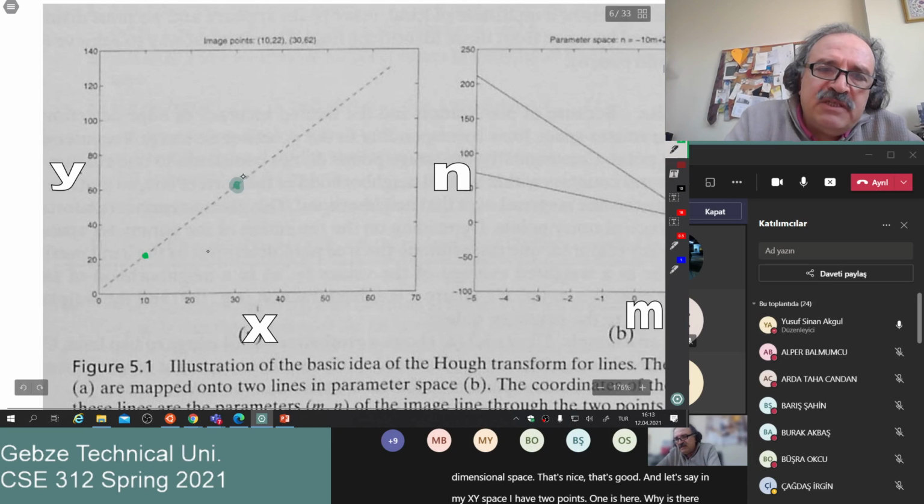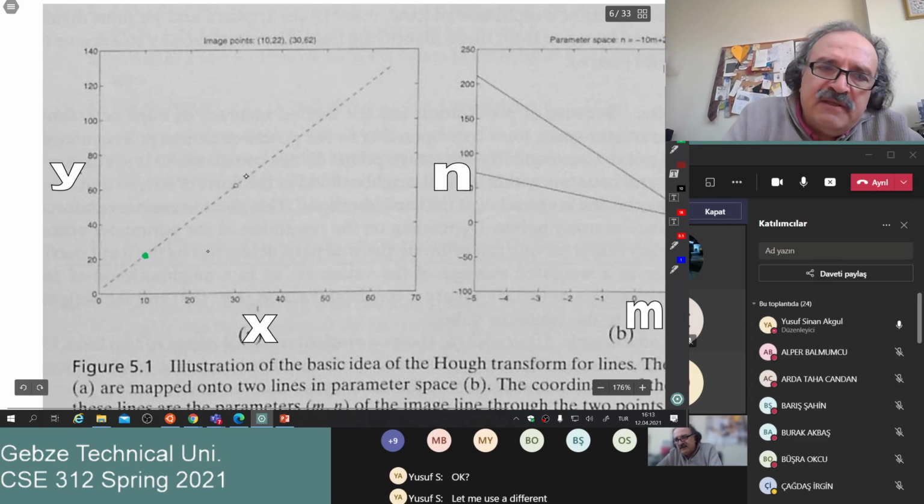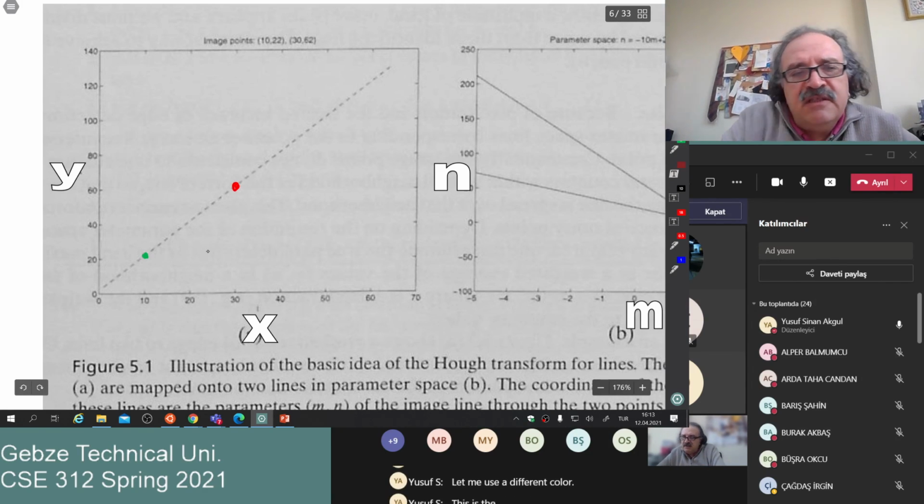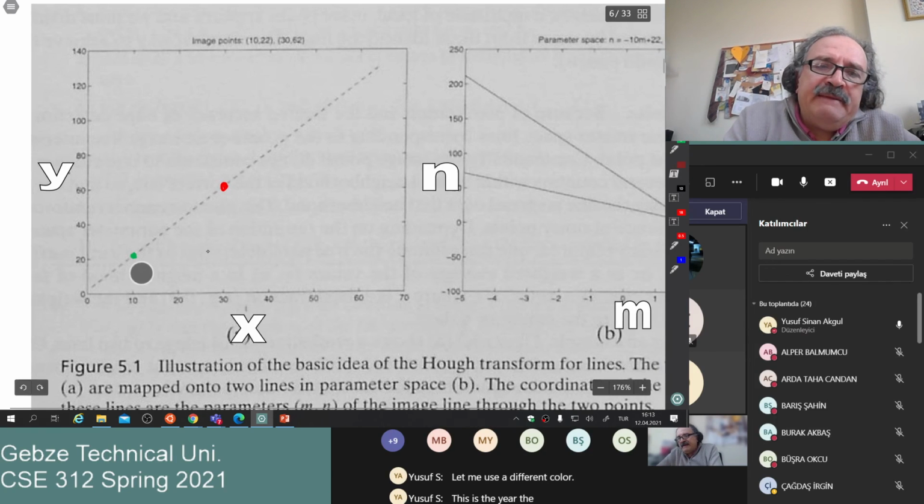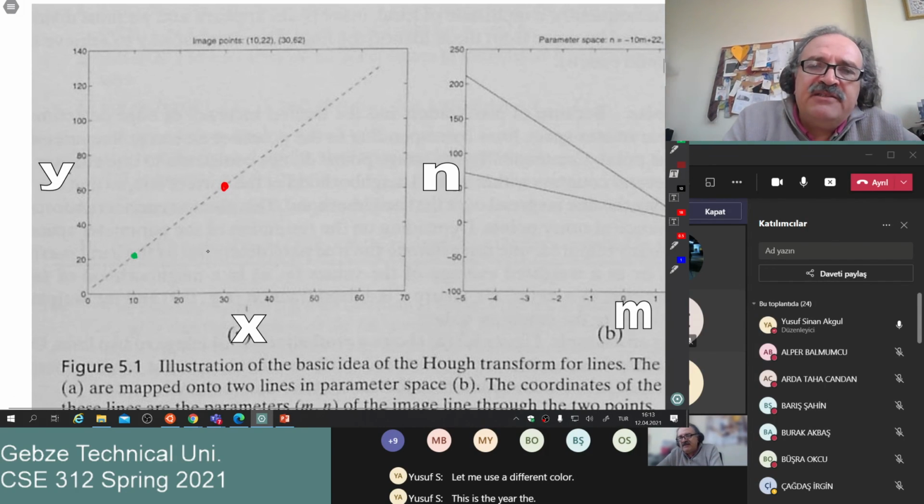Let me use a different color. This is the green one and the red one.